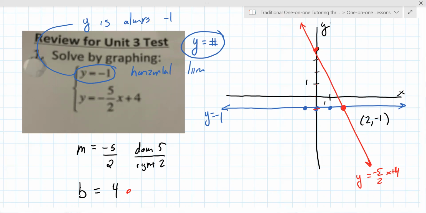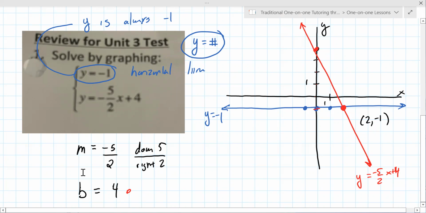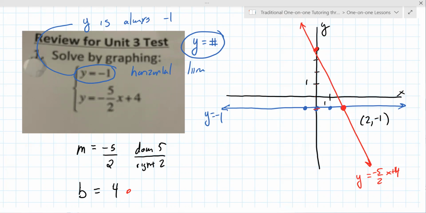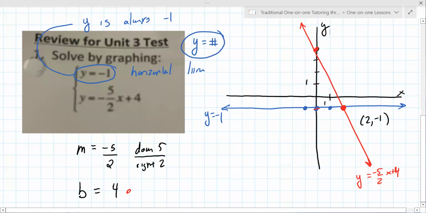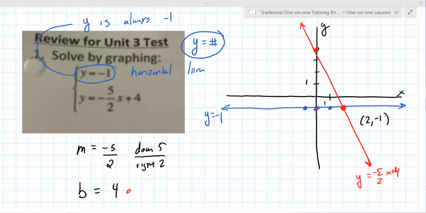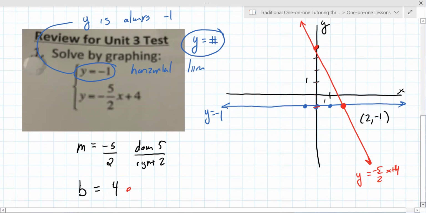Thank you. So do you feel like you could do this on your own, a problem like this now? Yes. Great. We can go on to number 2 if you're ready. Yes.